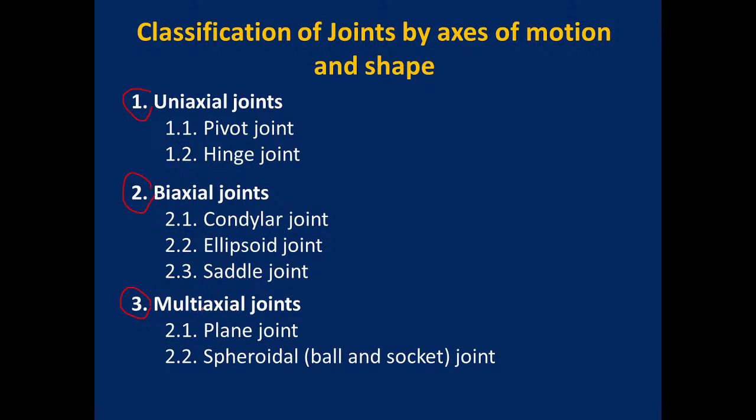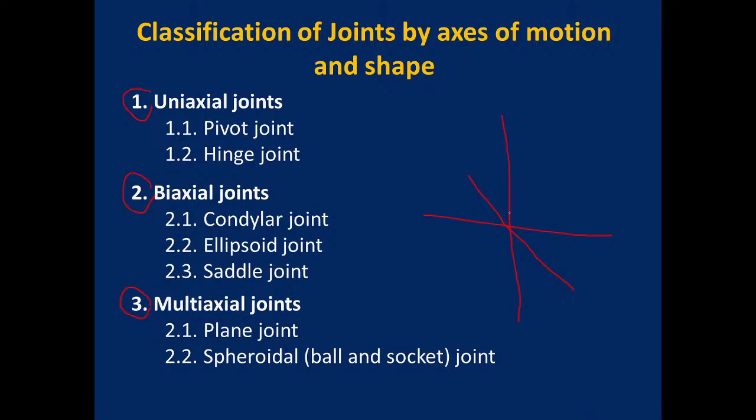This classification depends on the number of rotation axes the joints have. As you remember, let me recall it, we have three axes in the body: vertical, frontal, and sagittal.